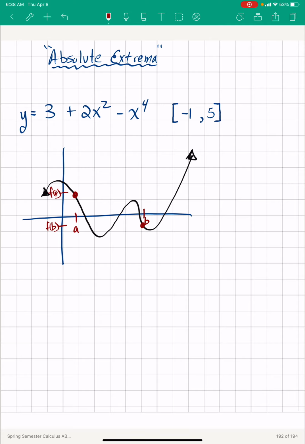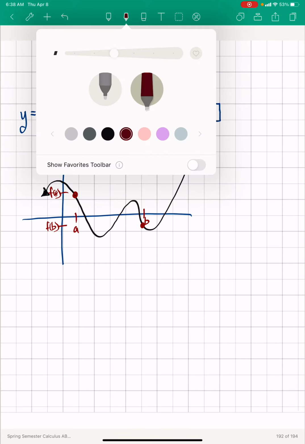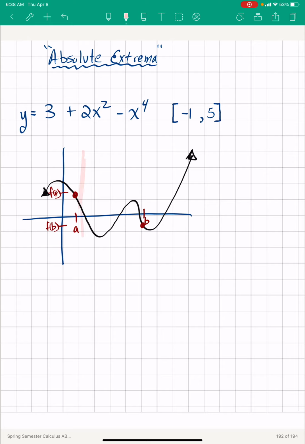If I'm looking just between this interval, then that means I only am concerning myself with the heights of this function in the region that I've just shaded in.